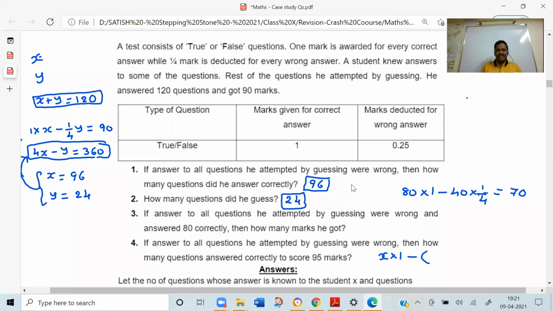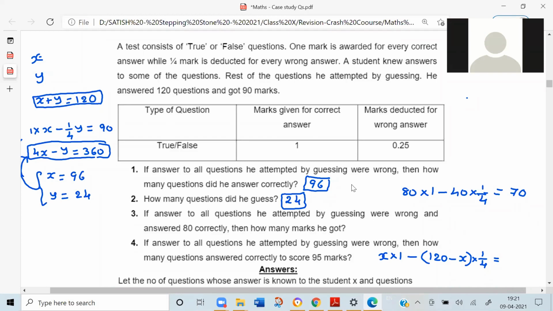Minus. Now, how many wrong will there be? Total will be 120, so 120 minus X. For this, how much will get deducted? 1/4. This equals how much? 95.